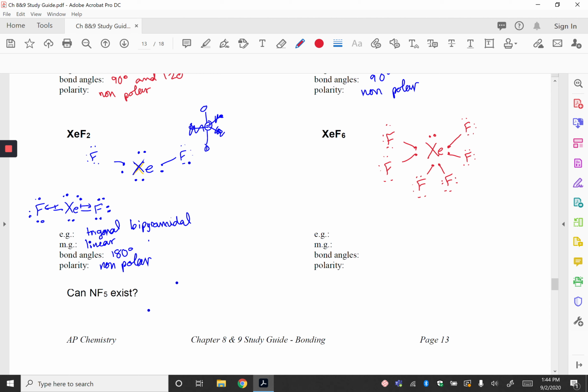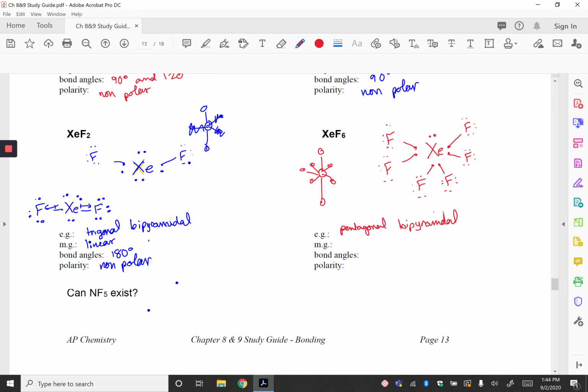draw this. 7 areas of electrons, so that's a pentagonal bipyramidal. So you have 1 up, 1 down, and then 5 that are about 72 degrees apart, I guess.